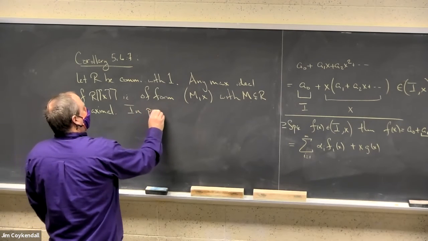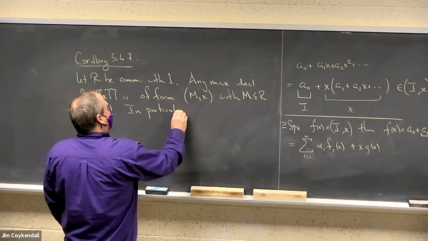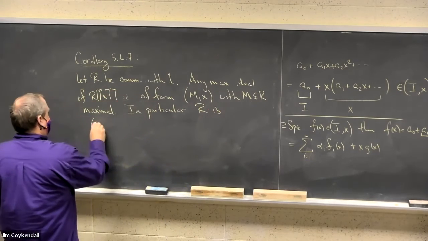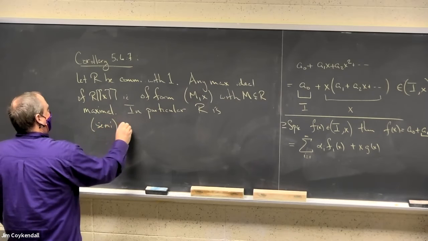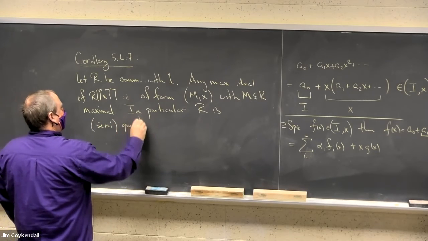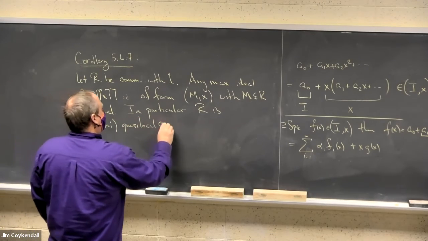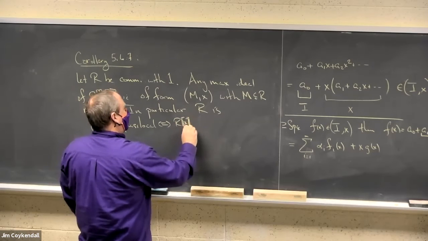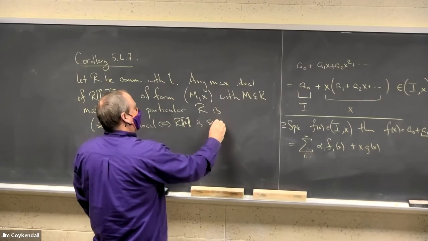In particular, R is quasi-local if and only if R power series in x is quasi-local.